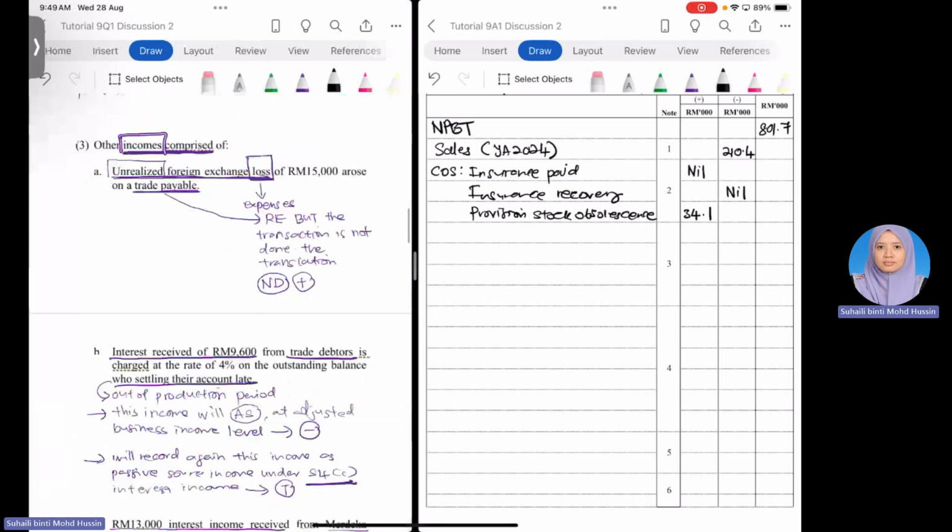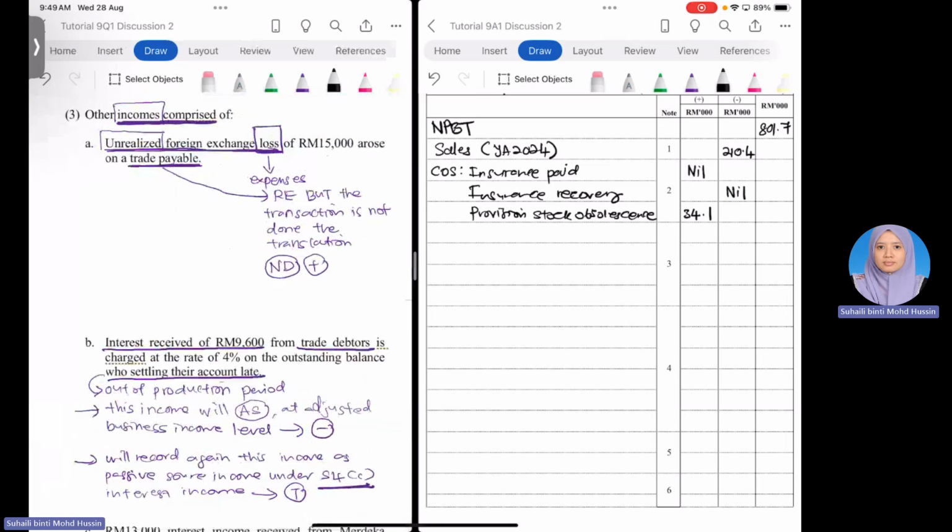First one is the unrealized foreign exchange loss. You include the loss in the total amount of other income. Unrealized foreign exchange loss related to the trade payable.